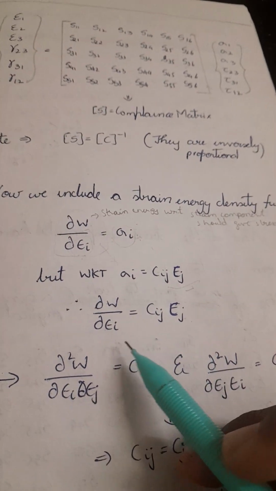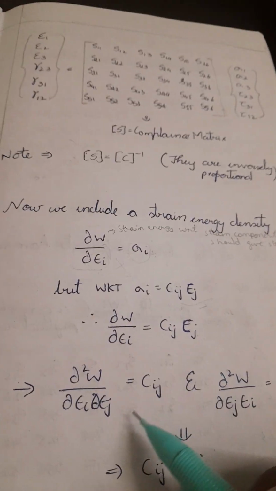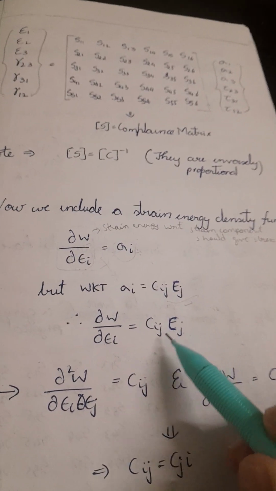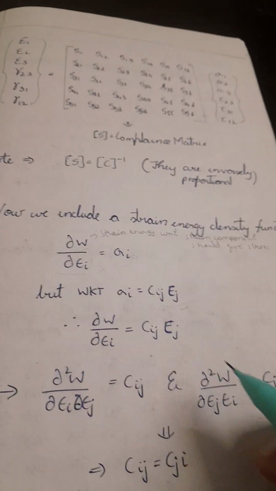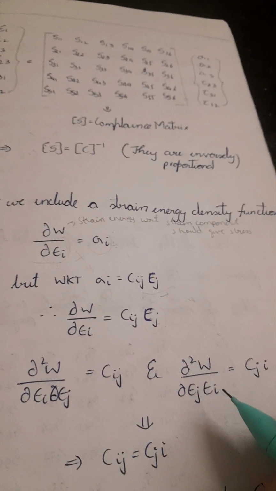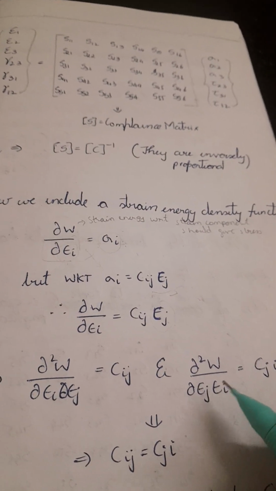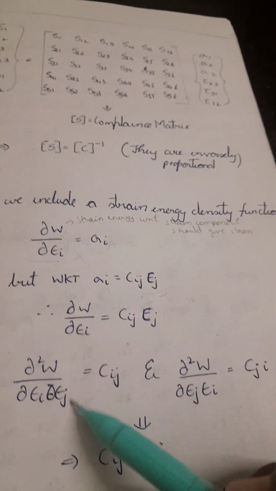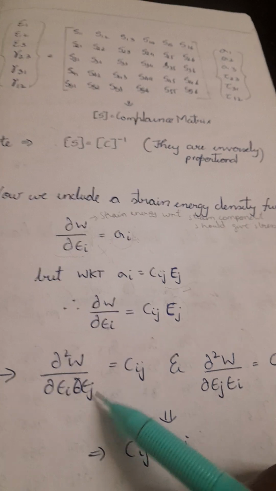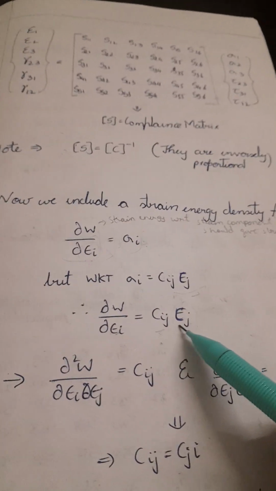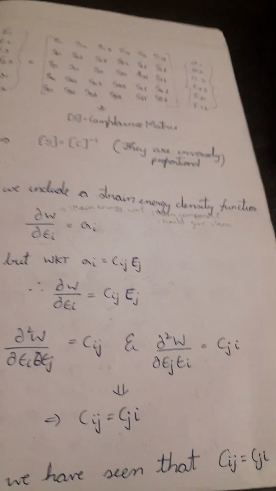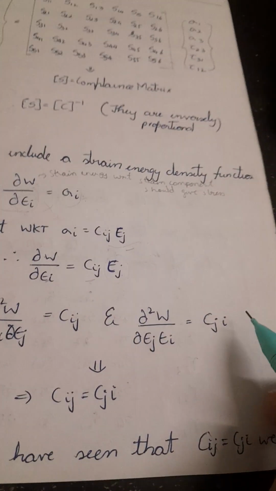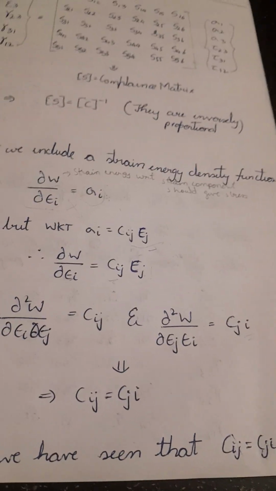The first case is where I differentiate with respect to strain component Ej, and the second case wherein I differentiate with respect to strain component Ei. So when I differentiate with respect to Ej, I get Cij because ∂Ej/∂Ej is 1. And when I differentiate with respect to Ei, I would be getting Cji as my component.